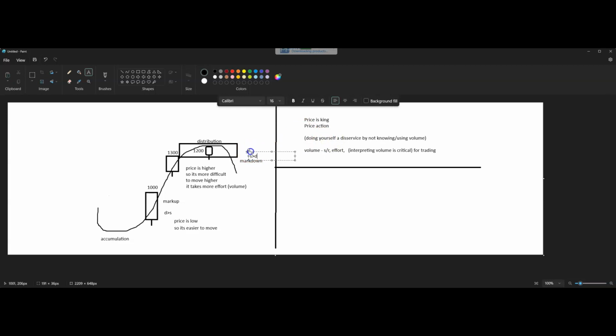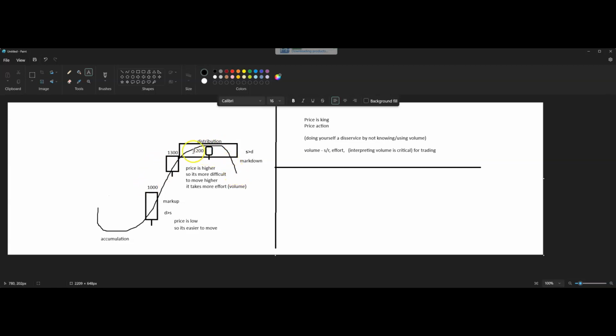Here, supply is greater than demand. What is going on in the middle? If here it's marking up because demand is greater than supply, and during markdown supply is greater than demand, so it's going down because supply is greater than demand.